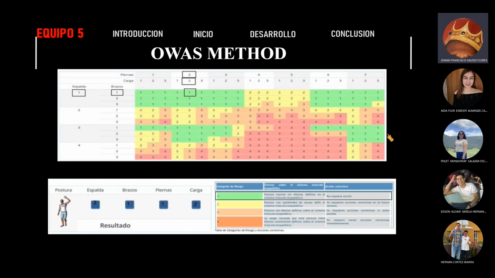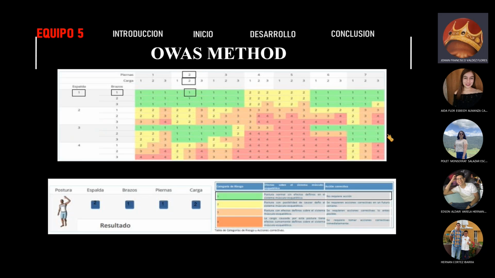Here I will show you how it can be changed. The change is about the arms. We had number 2, and now we will have number 1. About the back, if the worker uses the wheelbarrow, it will change to number 1 because we won't have a bent back.